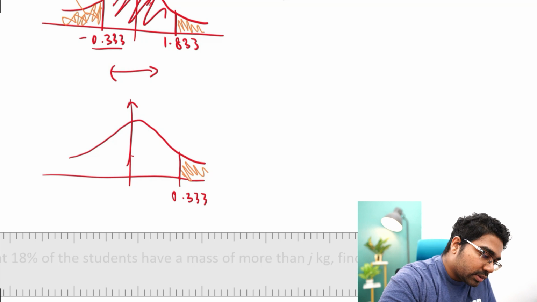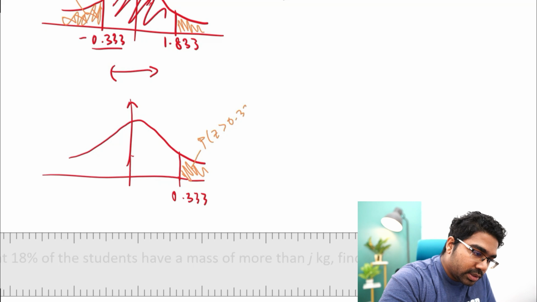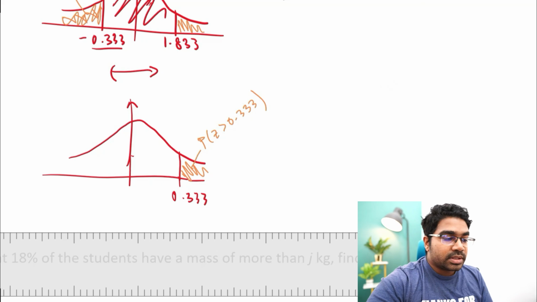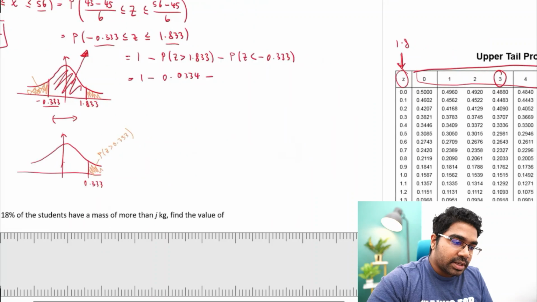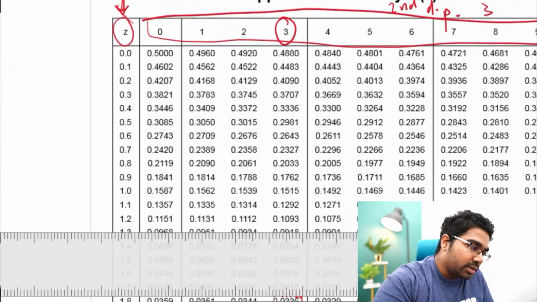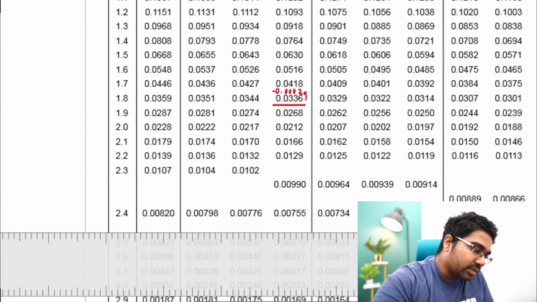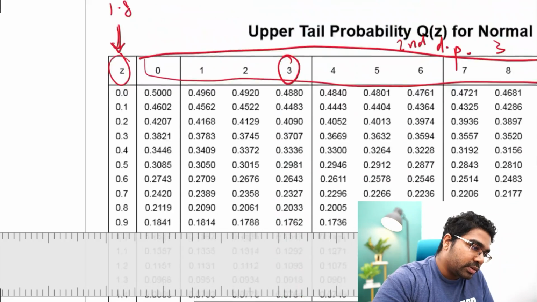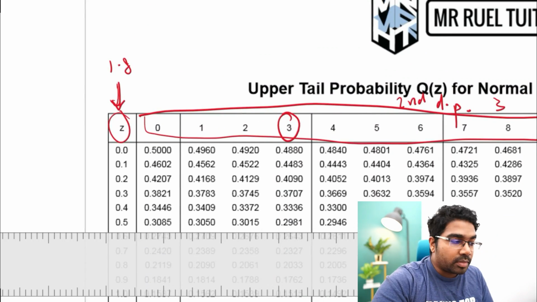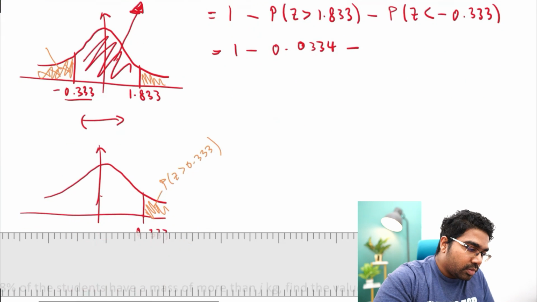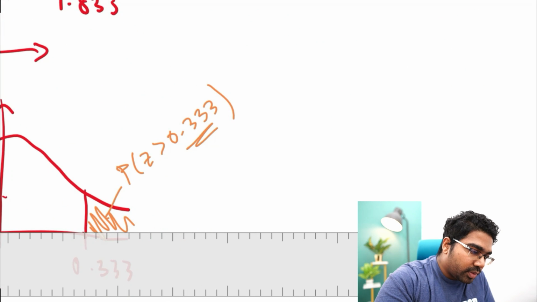So therefore, this is also equals to the probability of z greater than 0.333, positive 0.333. So the second problem earlier was that the z-score is a negative value. If you look at your table, you can clearly see all the z-scores are positive from 0 to 3. So now we've solved the problem. So this will be more than positive 0.333.